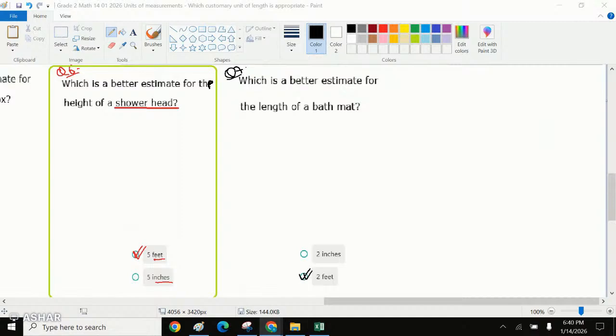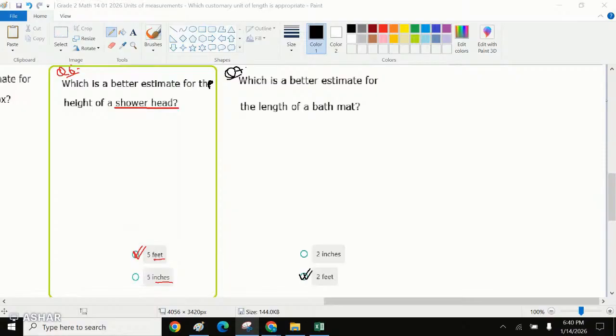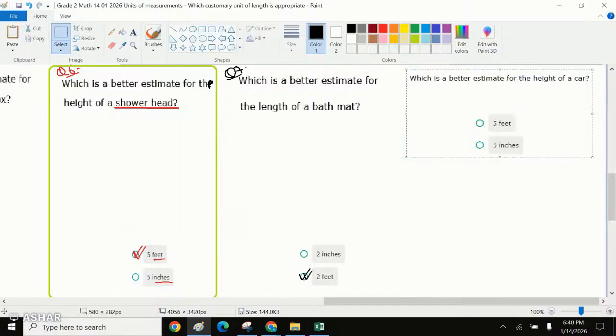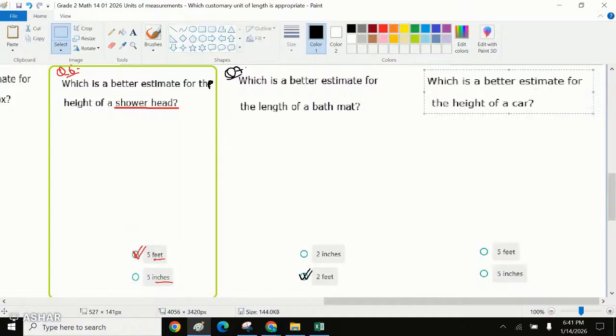Okay. Height of a car. Which is a better estimate for the height of a car? Let's see this, and we would be done with more than half the questions. For this question number 8, what is the preferred answer for the height of the car? What is a better estimate?